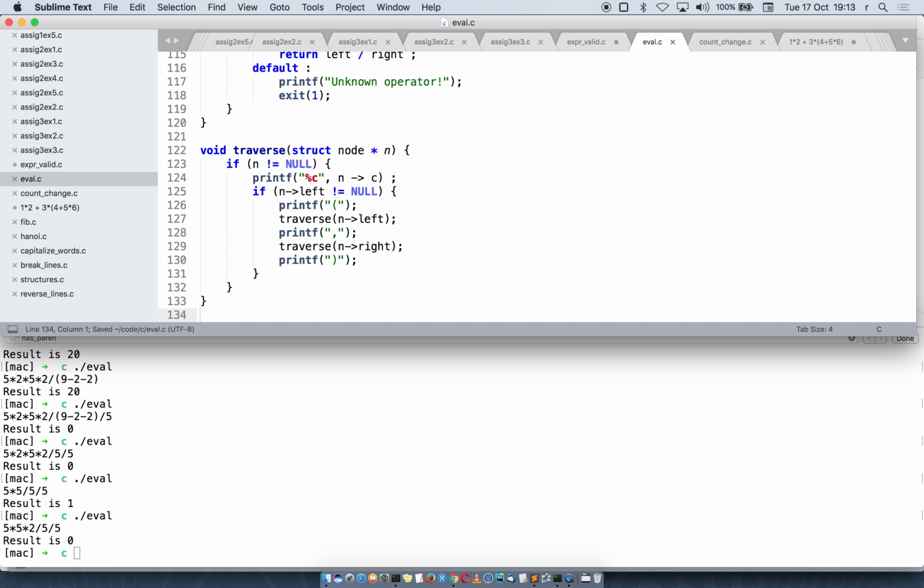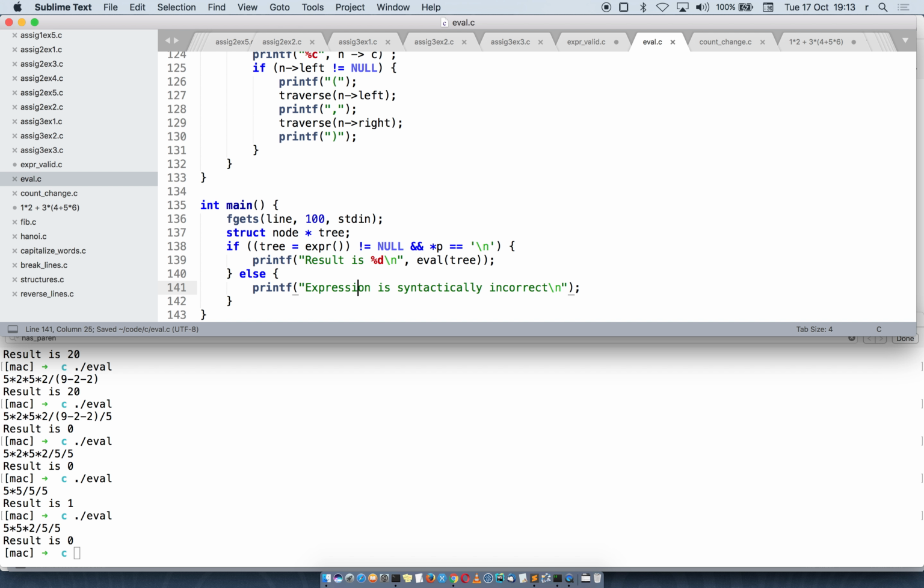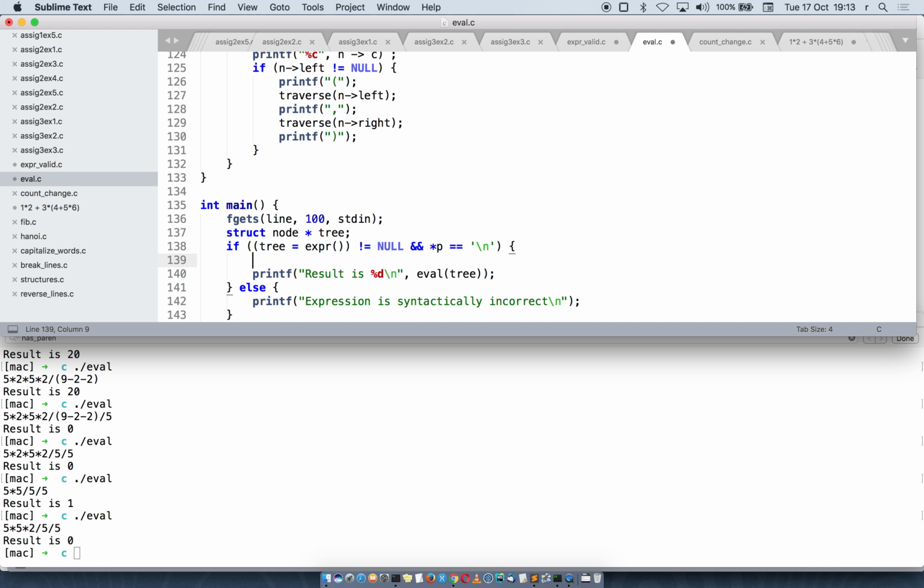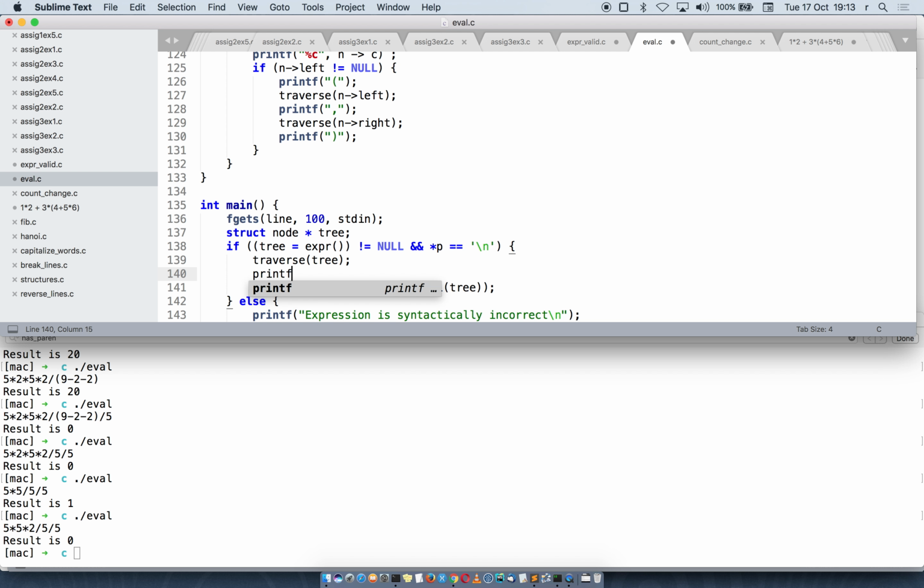Okay, and then for debugging, after having gotten the tree, let's do a traverse tree. Okay, I'm going to run it.